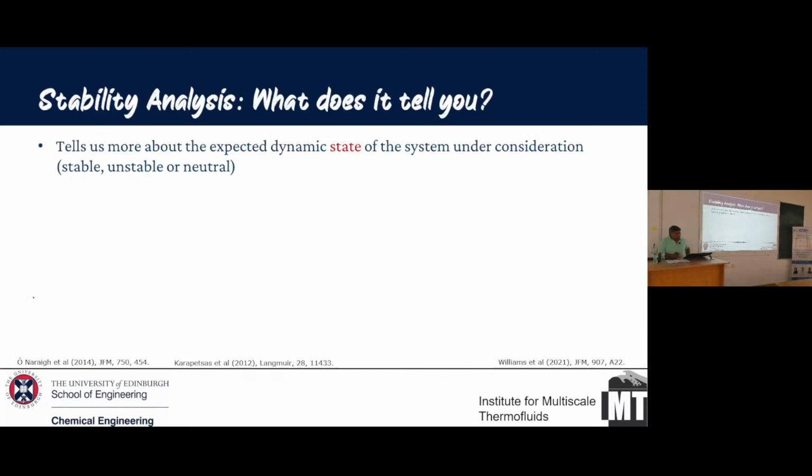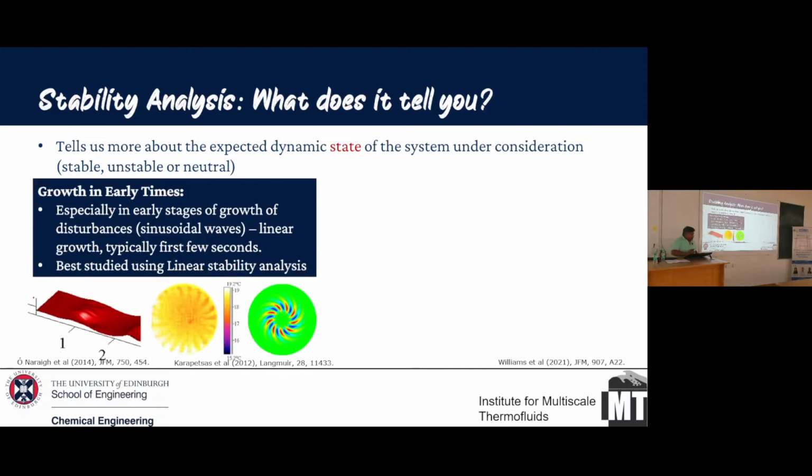Okay? So as I mentioned, stability analysis gives you more about the expected dynamic state of the system. Okay? Where your system might lead to. Okay? It doesn't give you a numerical answer. So what happens? So typically, as I mentioned, this is an example I always cite because it's a more accessible example to everyone.